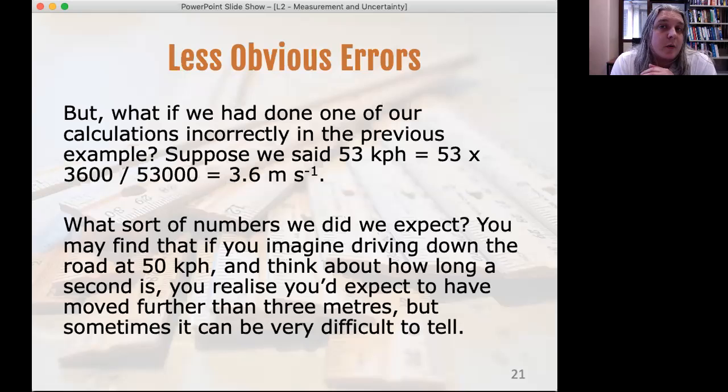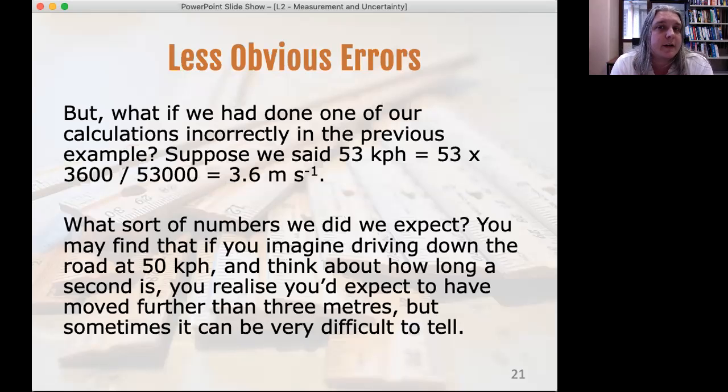Sometimes, though, it's not so obvious. How do you use a common sense answer for something you're not familiar with? The example we had before of 53 kilometers per hour became, what was it, 14.7 meters per second. How do we visualize 14.7 meters per second? It's pretty difficult to get an understanding.